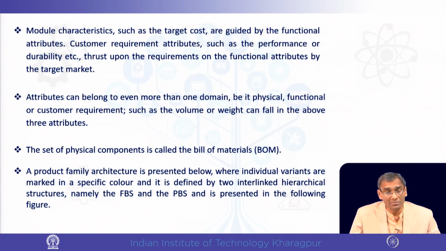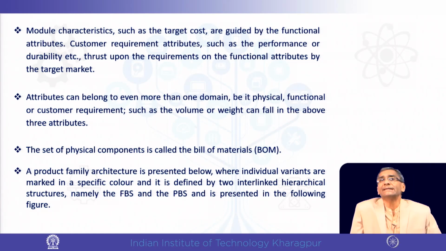Attributes can belong to even more than one domain, be it physical, functional or customer requirement, such as the volume or weight that can fall in the above three attributes.